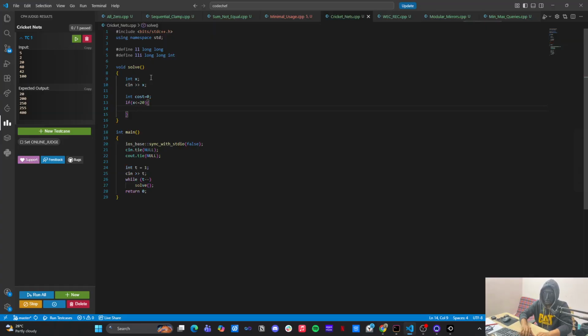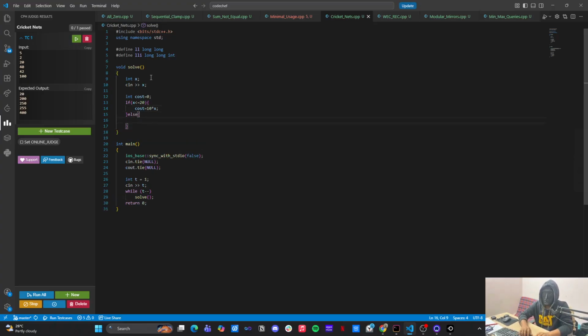You have not played phase 2. So your cost is going to be 10 into x. The reason being he has scored x runs, and in phase 1 each ball will be 1 run. So that's the reason x into 10, and each ball costs 10 rupees.